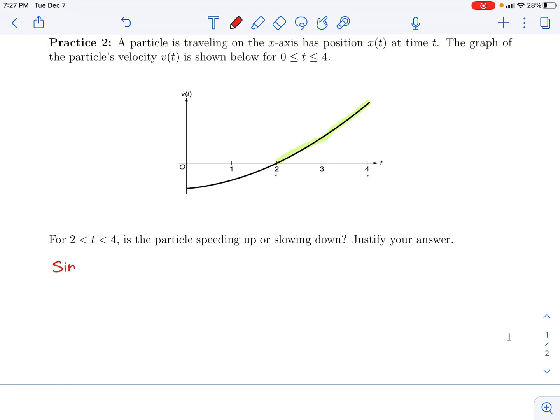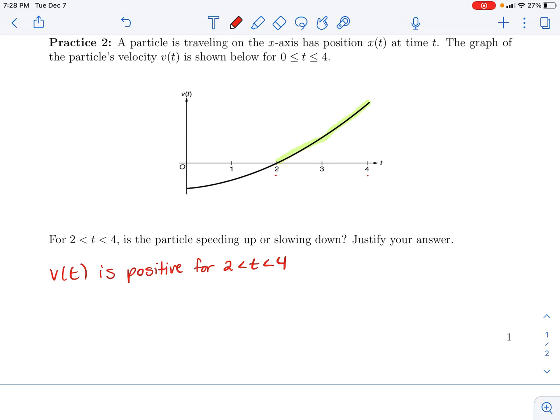So I'll just say, v of t is positive for 2 is less than t is less than 4.